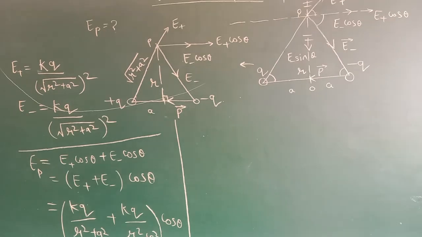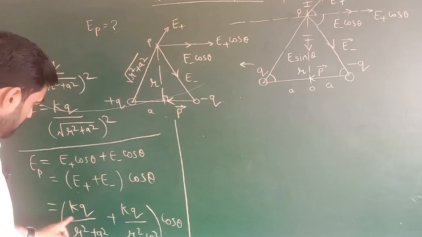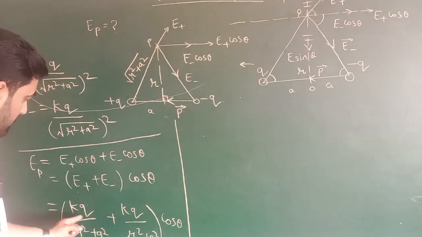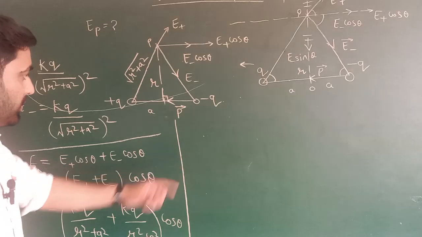Now fine. So let's solve these two. So 1 plus 1, 2 times kq divided by r square plus a square into cos theta.